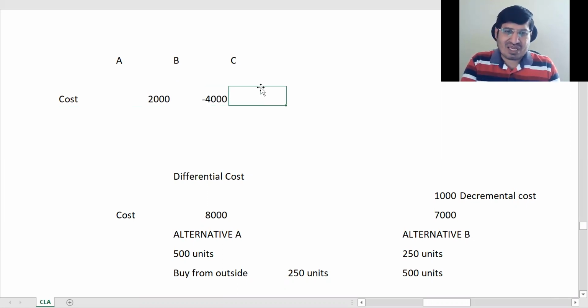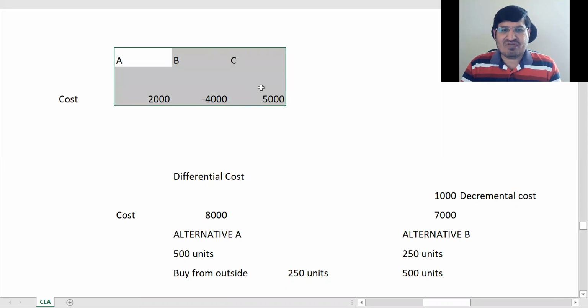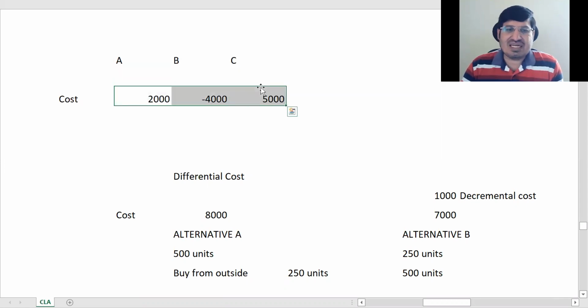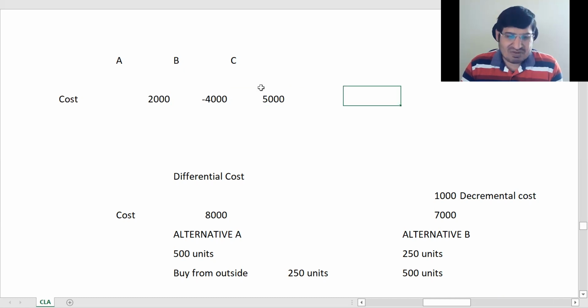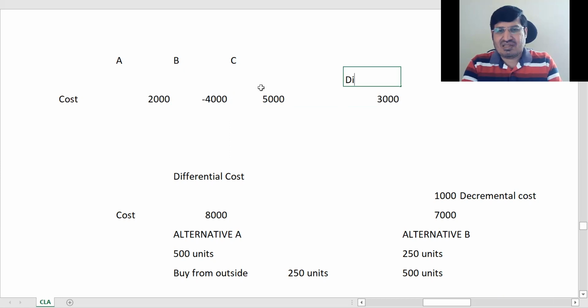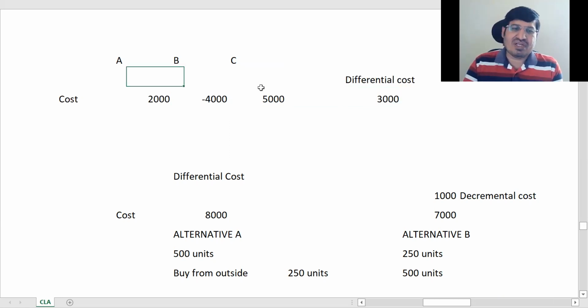And here it is increasing by 5000. So when you have a product mix like this, what we do is take the net total of this. 2000 minus 4000 is minus 2000, and this becomes 3000, correct? So 3000 is your differential cost now. Incremental and decremental will be shown per product.